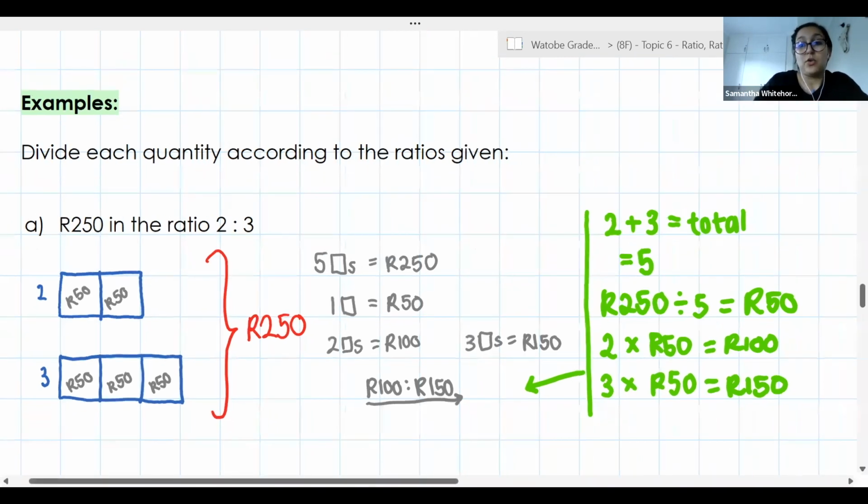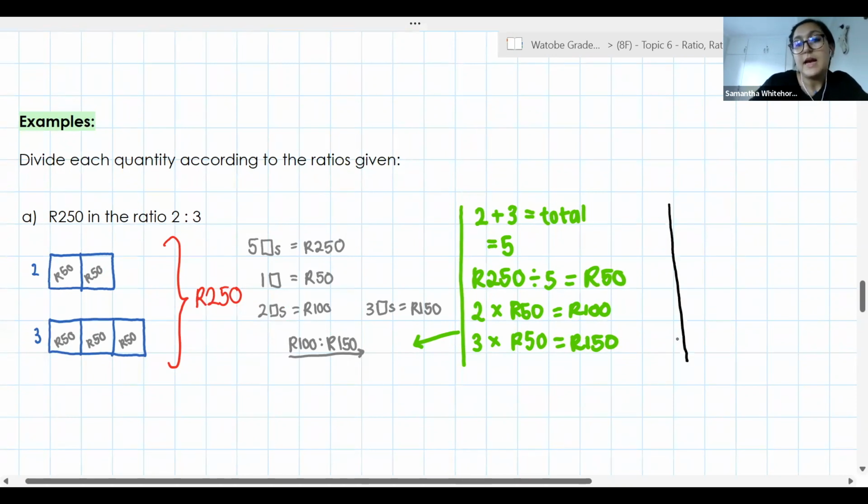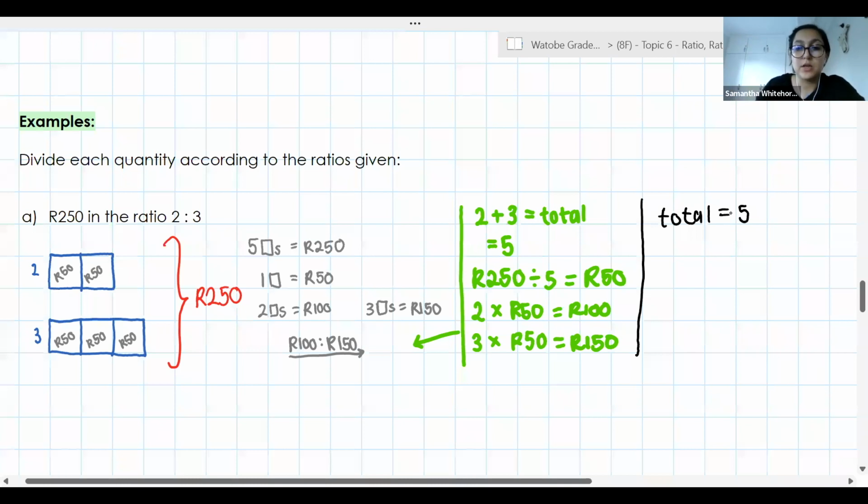Now, again, that's not the only way you can do this. This is the beauty of ratios. There's often lots of different ways to do the same thing. Another way you can do this is you can use fractions, because again, remember, like I said, fractions and ratios work hand in hand. So once again, you want to know what your total is, because we need to know the total amount or the total parts that we're working with in order to use a fraction. So we know that we've got 2 parts out of the total 5.